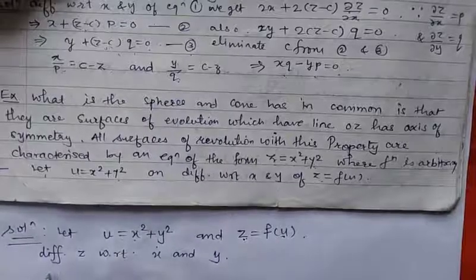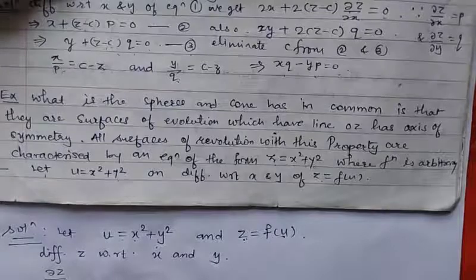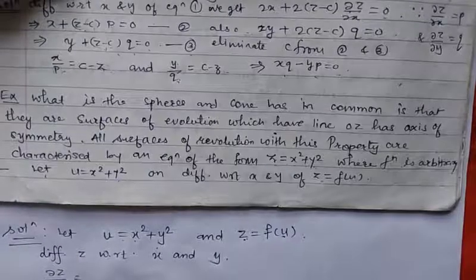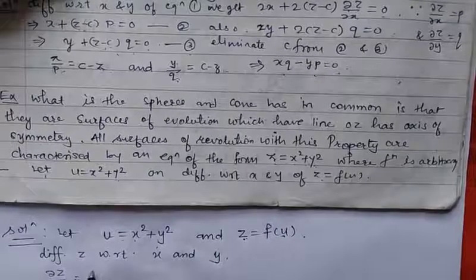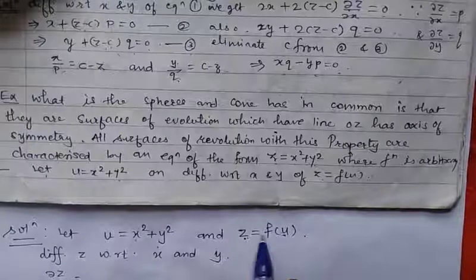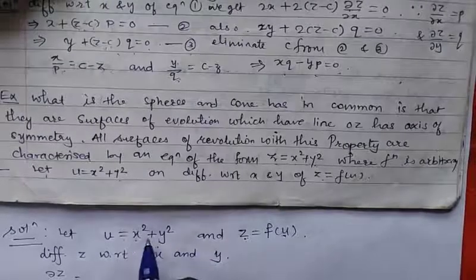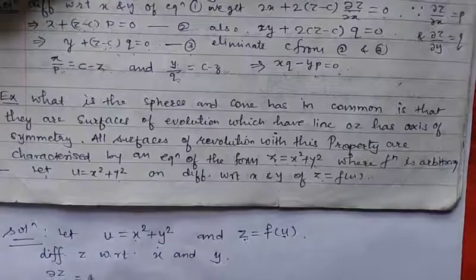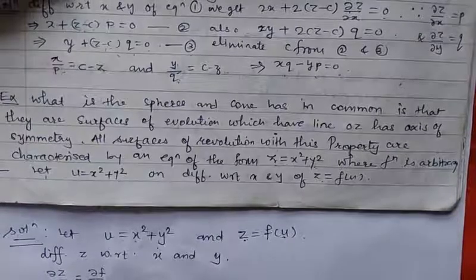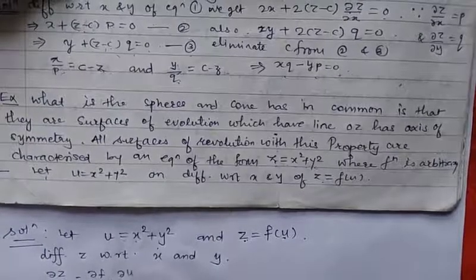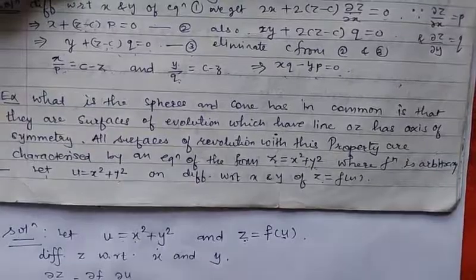So we get ∂z/∂x, taking the derivative of f with respect to u and u with respect to x, which is ∂f/∂u into ∂u/∂x, right?